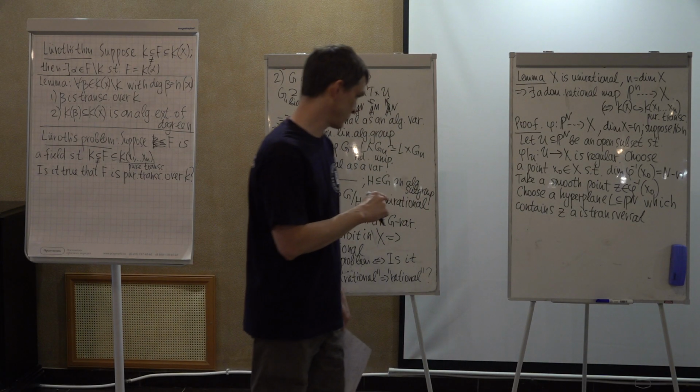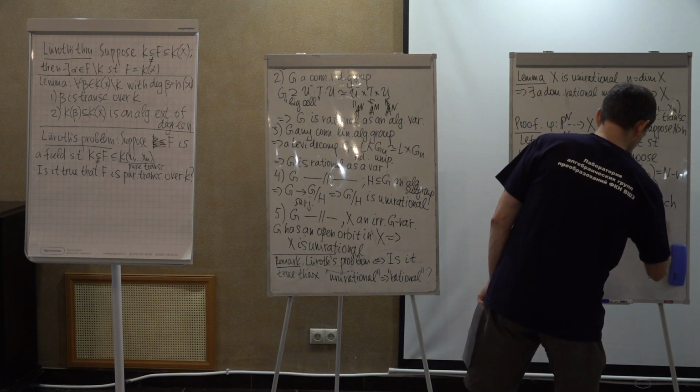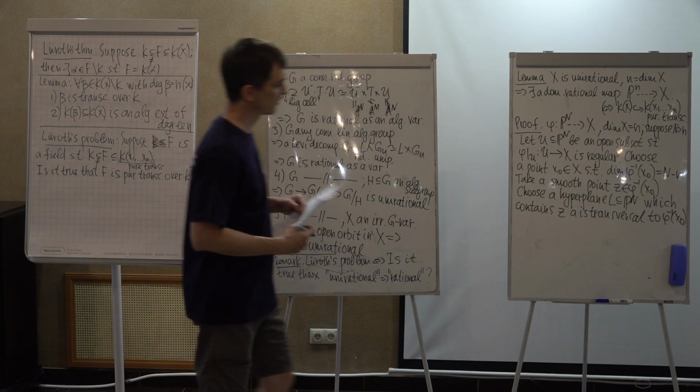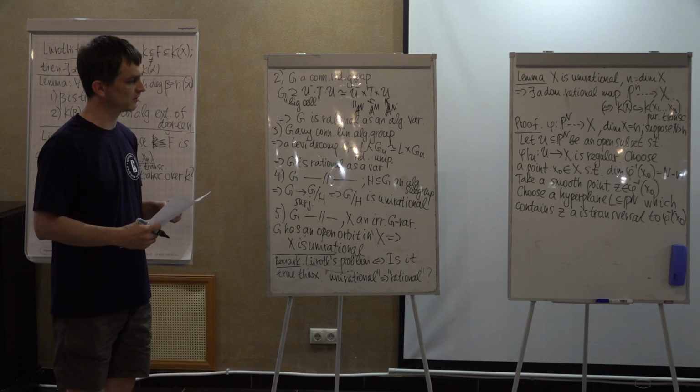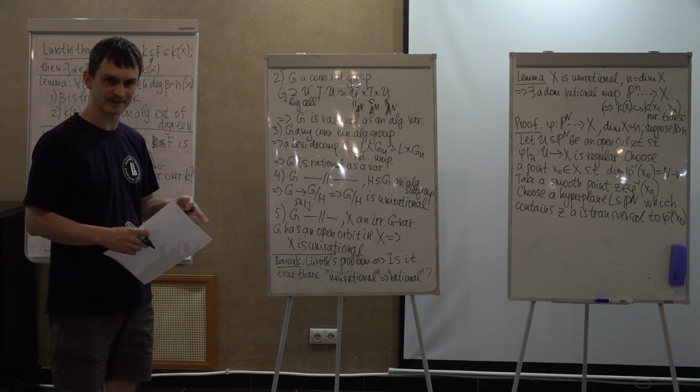So we choose a hyperplane which contains z and is transversal to the fiber. And I claim that if we restrict our map to L, then we still get a dominant map.